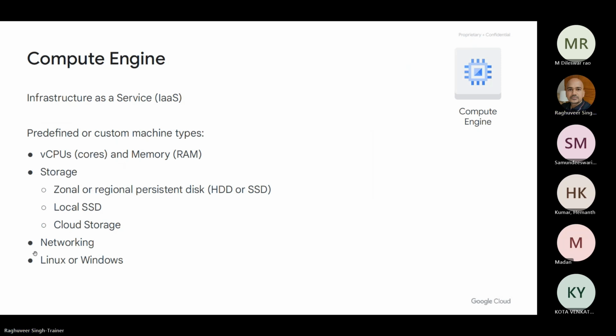Cloud storage basically means that you can also have your virtual machine communicate with a cloud storage bucket to read or write data to it. A virtual machine has networking components, which means it is configured inside a VPC, inside a subnet.